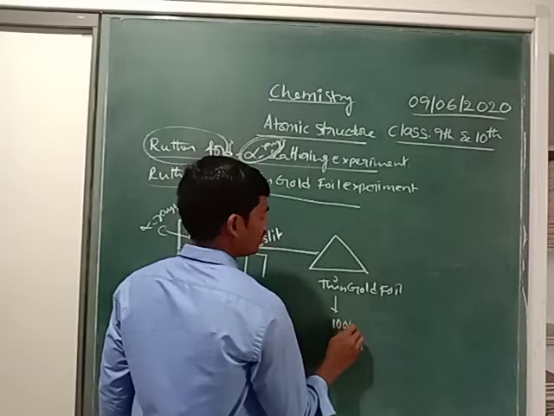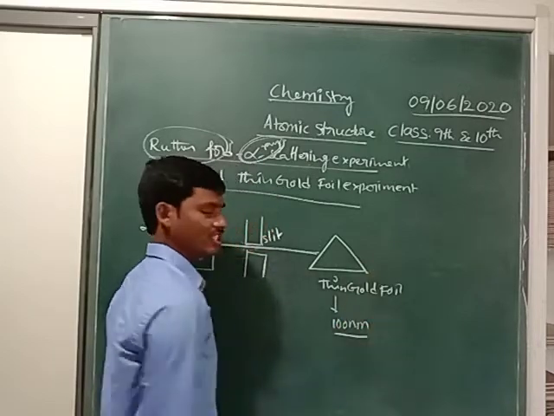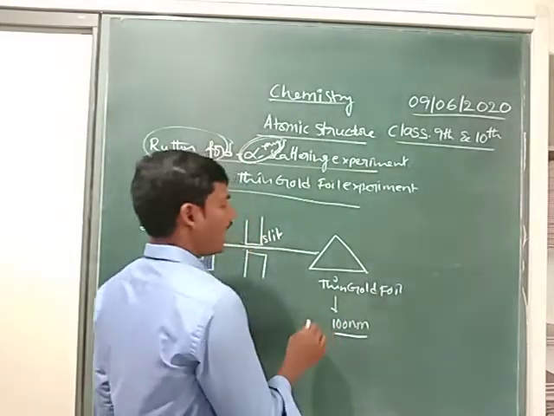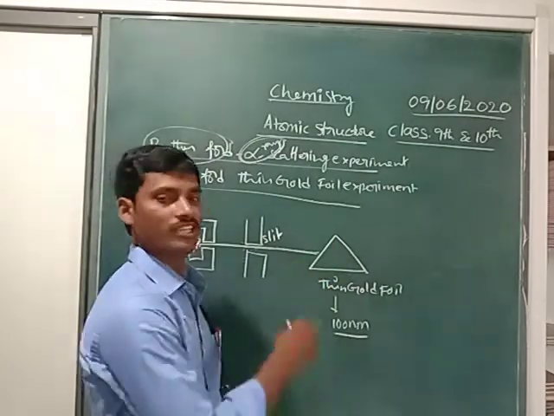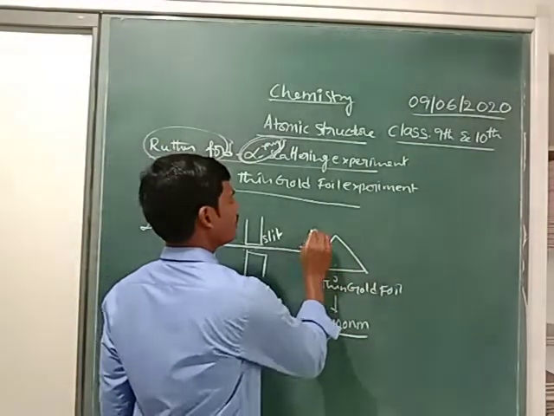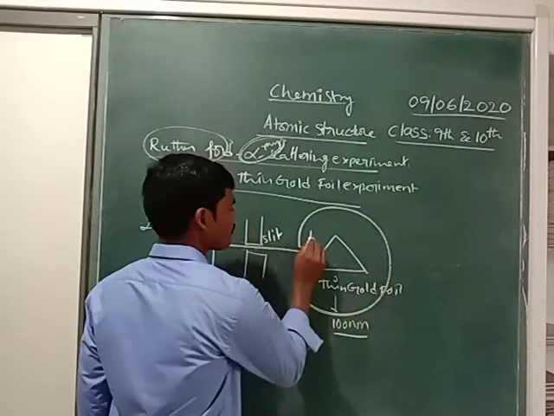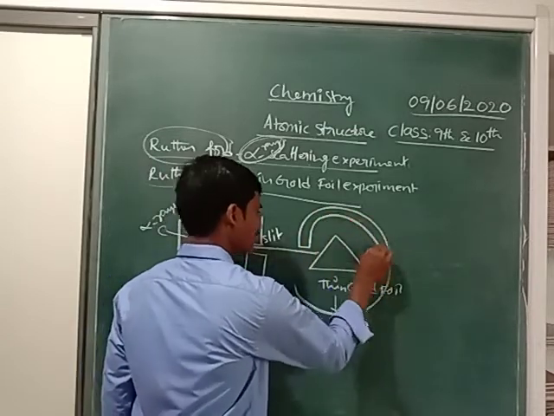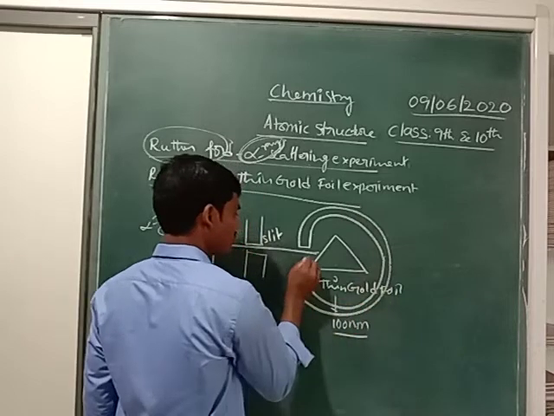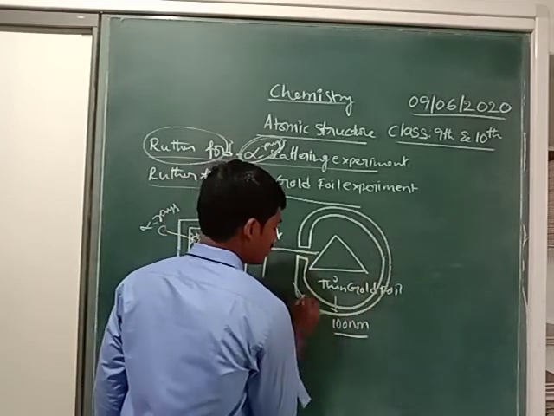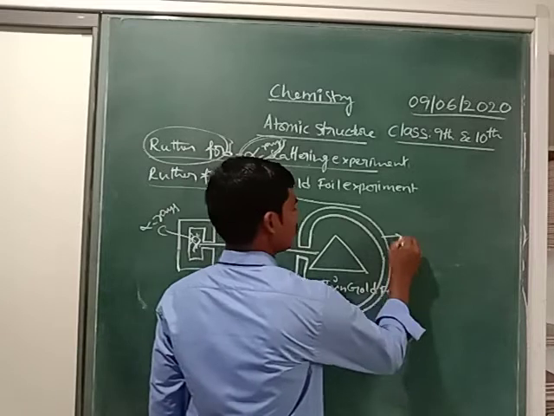About 100 nanometers, children. This is the thin gold foil, and he placed a zinc sulfide fluorescent screen around it. So this is the screen we consider as a zinc sulfide fluorescent screen.